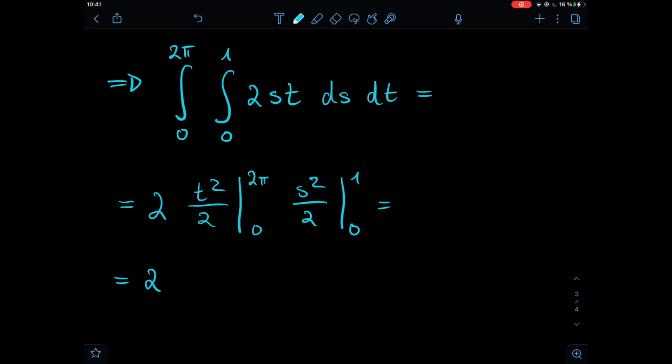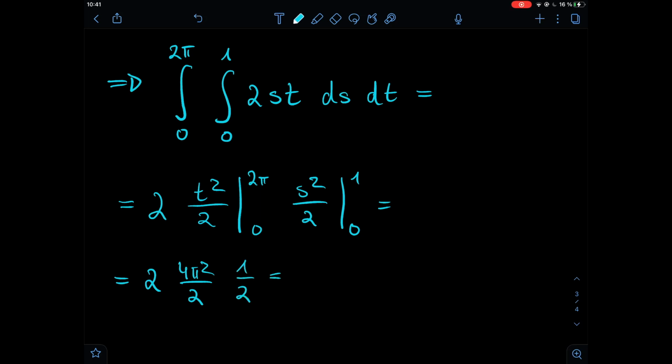So what we will get is 2 times 4 pi squared divided by 2. When we plug in 0, we will get 0. The same goes for this part here. So here we only get s squared divided by 2. S squared, we plug in 1, so we will have 1/2. So we get times 1/2.